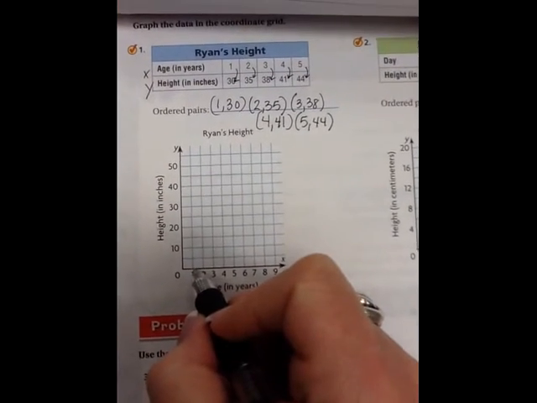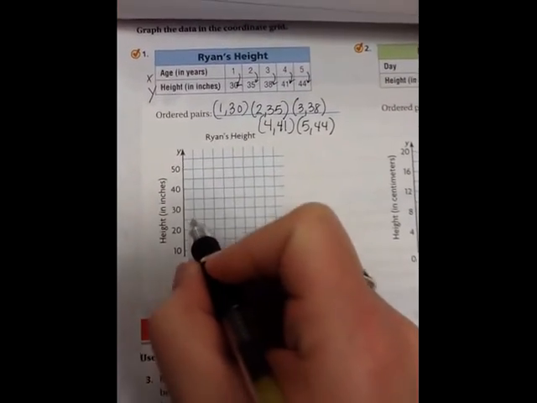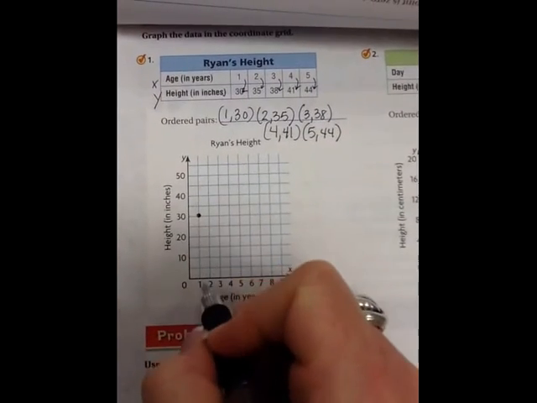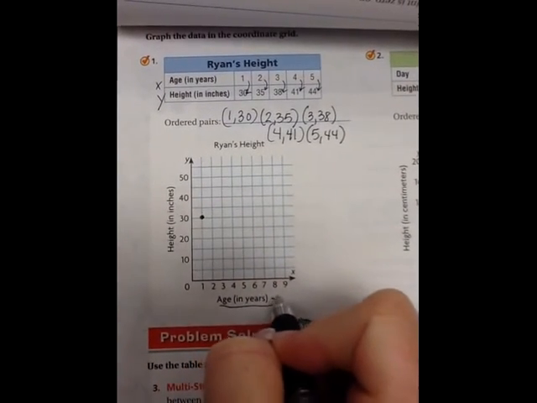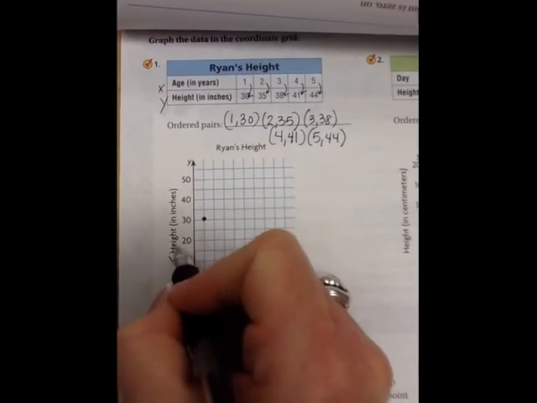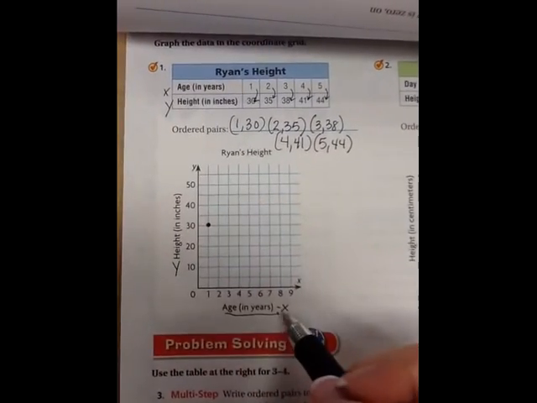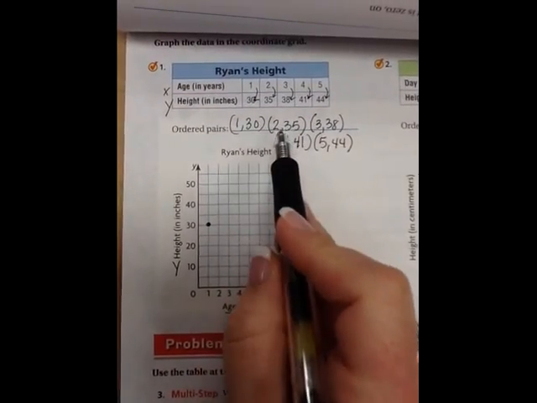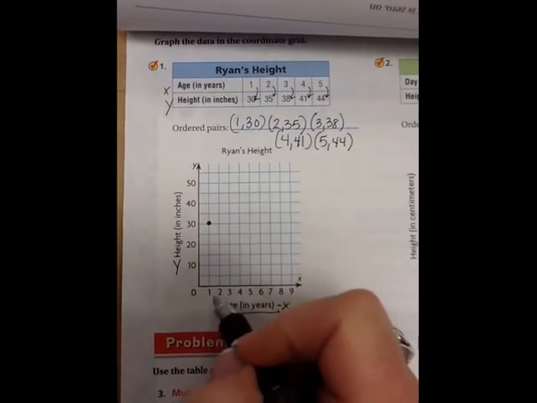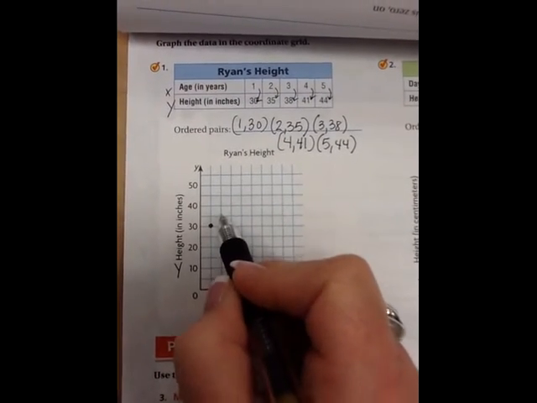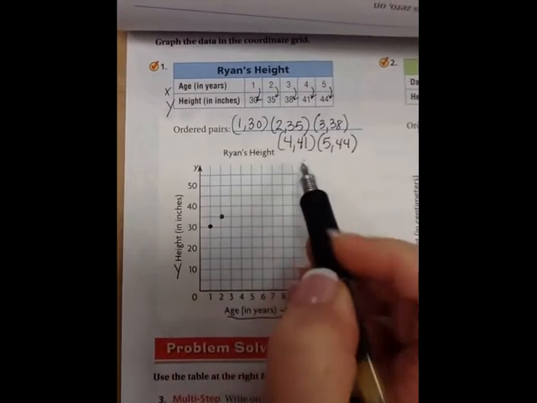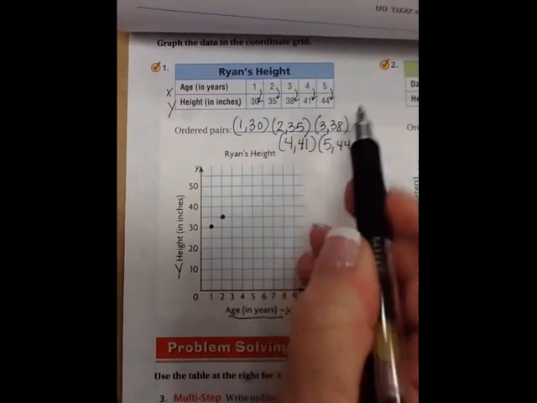You're going to run 1, jump 30 for age 1. See, this is my x-axis, this is my y, and this is my height. Your x is your age. Next one, you're going to run 2, jump 35. Next one, you're going to run 3, jump 38.